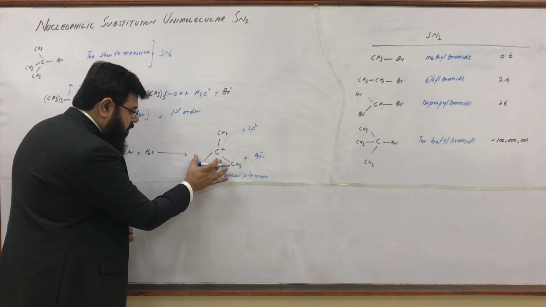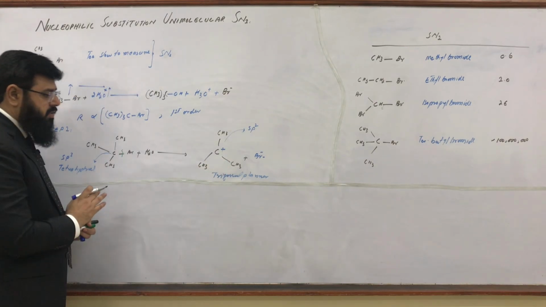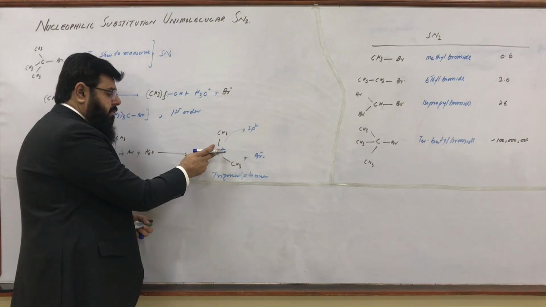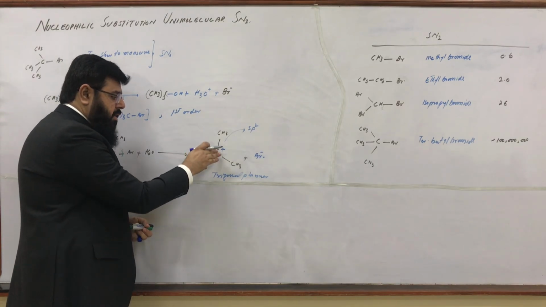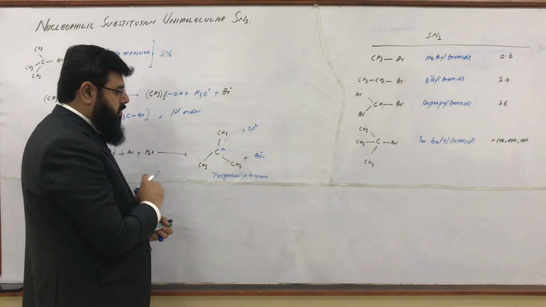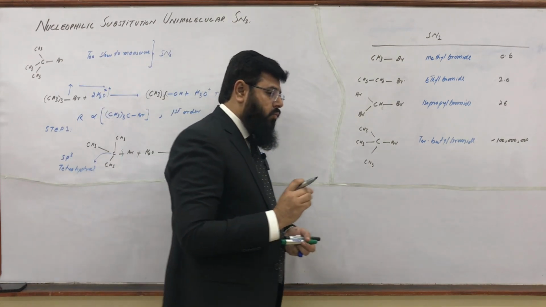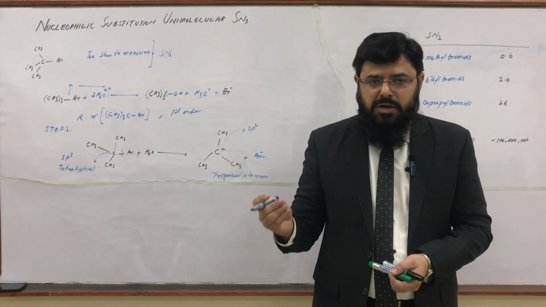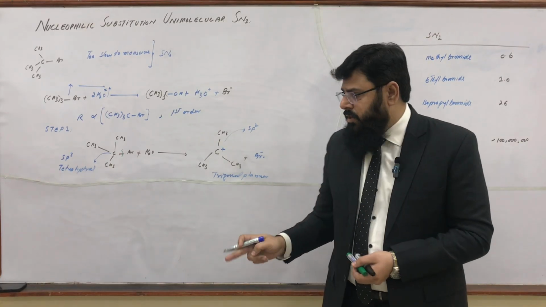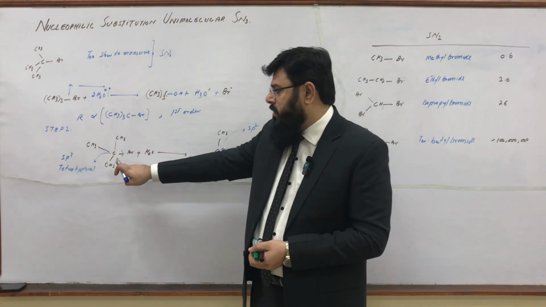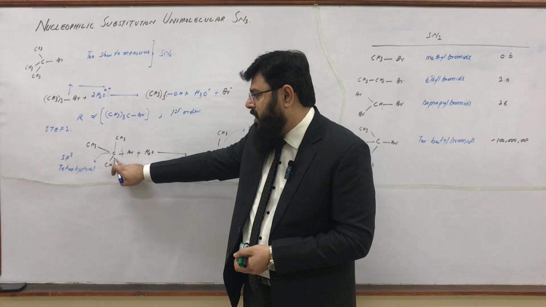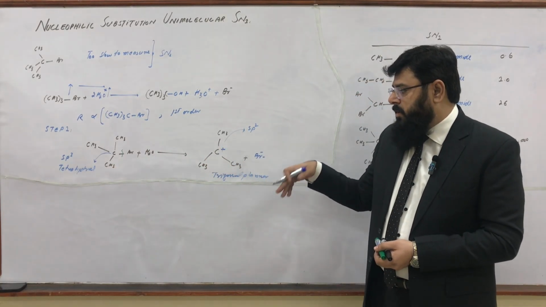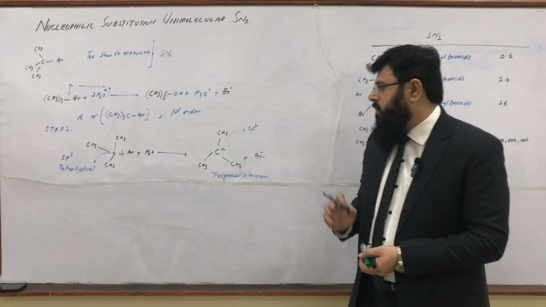This provides equal opportunity to the nucleophile to attack from the front face as well as from the back side. So in this type of reaction we obtain a racemic mixture. It means 50% of the molecules retain the original configuration of the reactant, and 50% rearrange in the opposite direction.